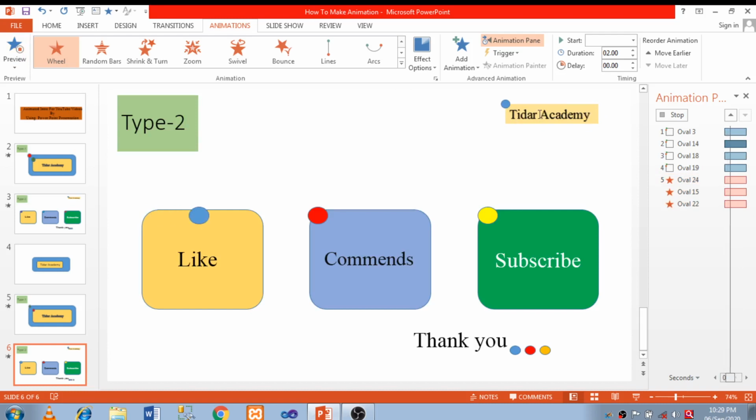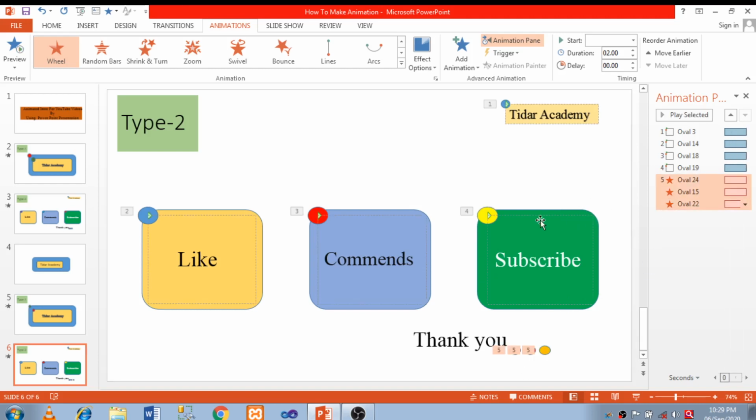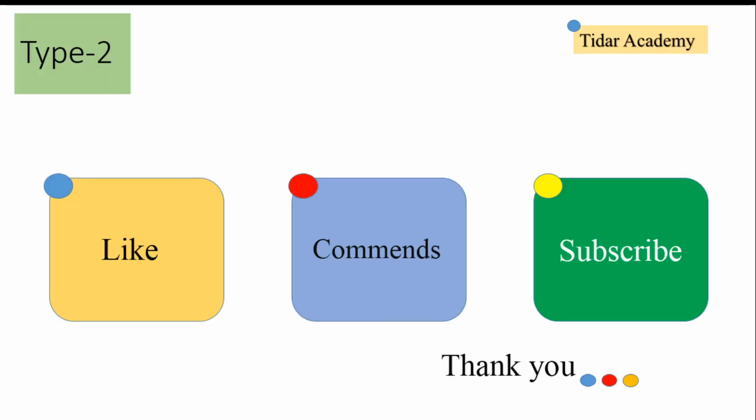Here this ball is moving around this, this ball is moving around this, and lastly these are moving as a wheel. But in the slideshow I would have to click one by one for the balls to move, whereas I want all the balls to move simultaneously with one click.